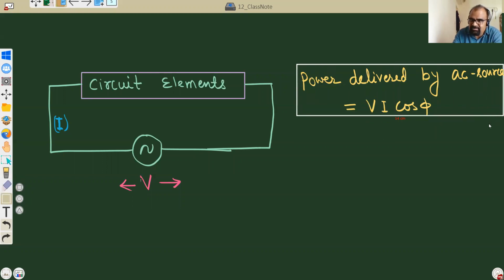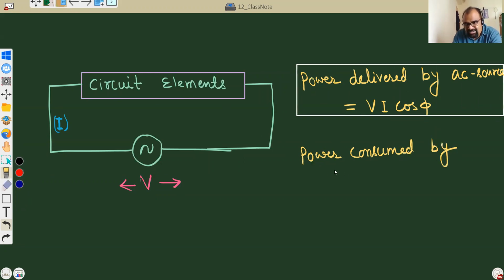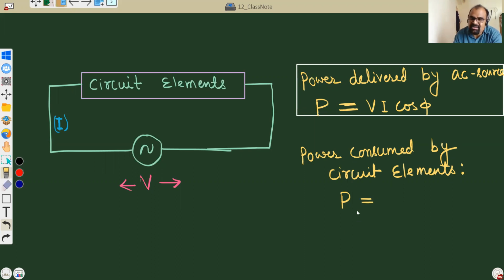Now, what is the power consumed by the circuit elements? In the last class only, I had told you that only a resistor consumes power.